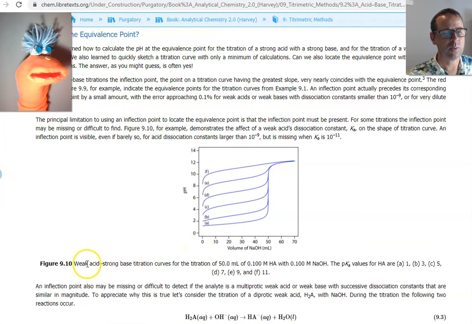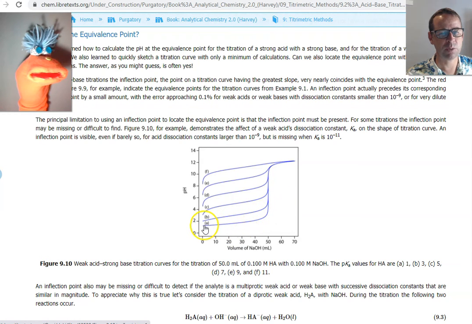You see weak acid, strong base titration, where we're keeping the same concentration, but we're changing the Ka values for the acids. So here's acid A, same concentration, they're all ending at the same point.